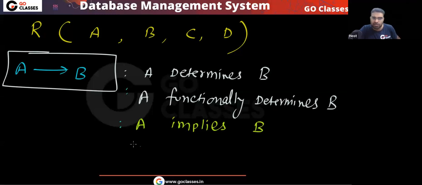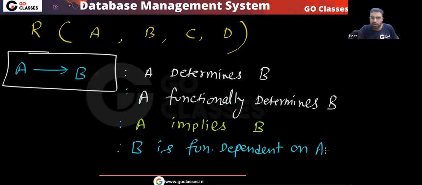You can also say that B is functionally dependent on A. So these are different interpretations.